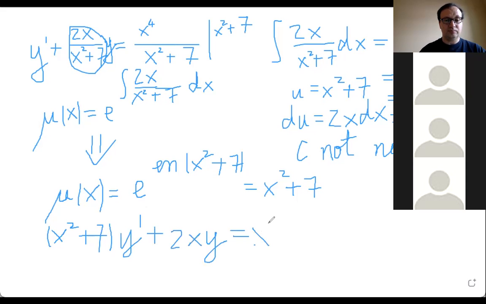So we didn't really need to divide by x squared plus 7 and multiply again by it.